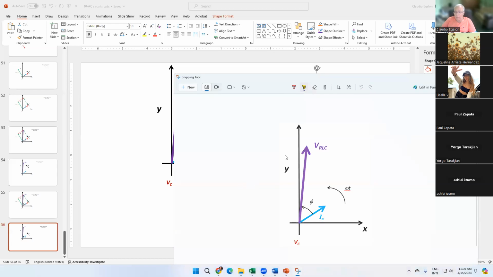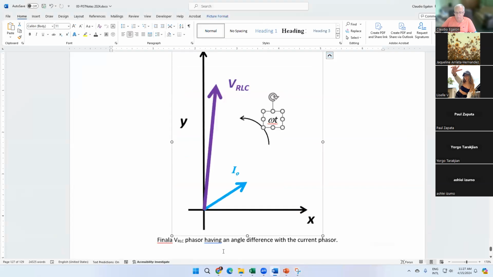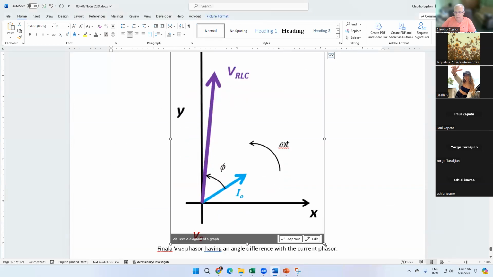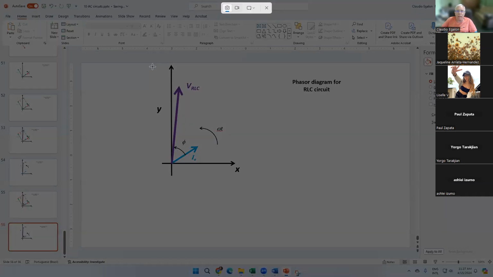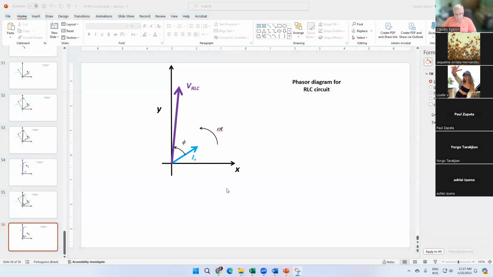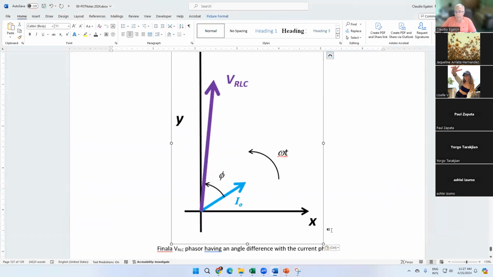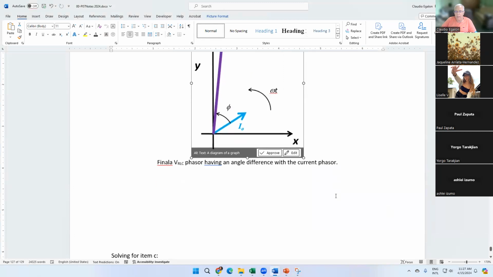The question is how to get this VRLC and how to get this angle phi. It's not going to be difficult at all. Okay. Going back here, I don't want that guy. Let's do it again. Okay.